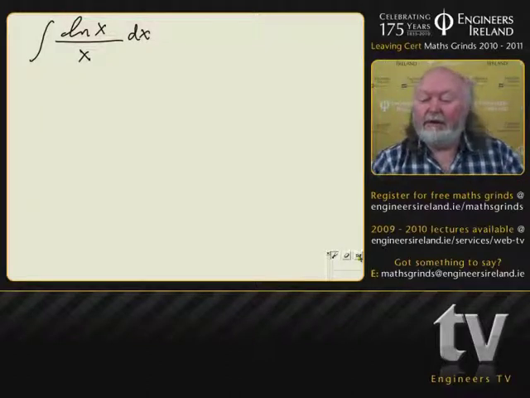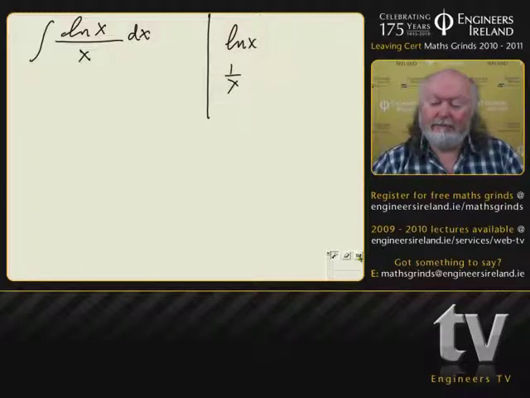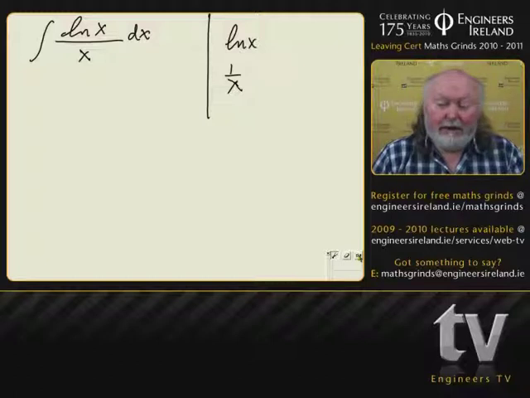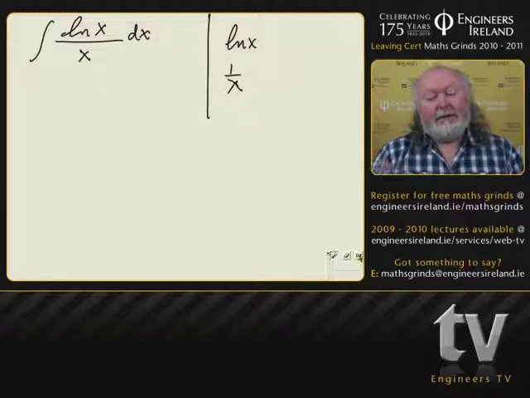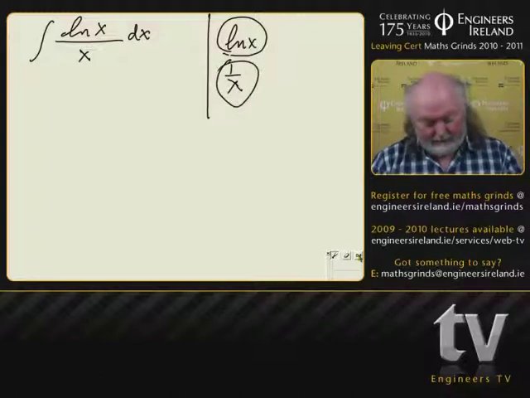What we have here are two things. We have log x and we have 1 over x. Okay? Integration basically is the return journey from differentiation. So what we want now is a situation where we get a link in differentiation terms between that and this.